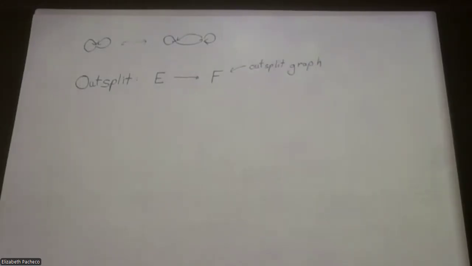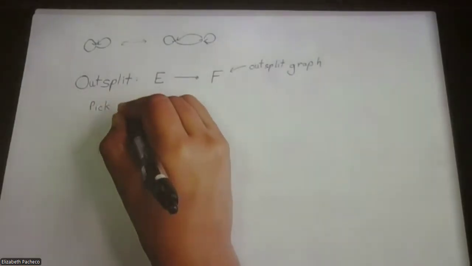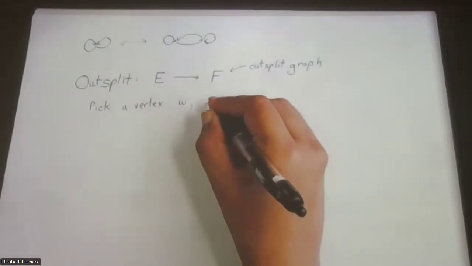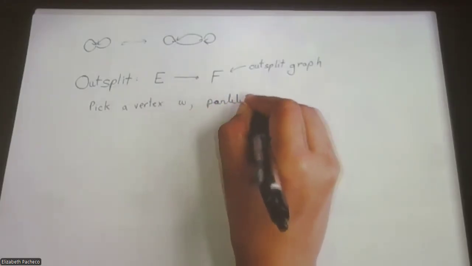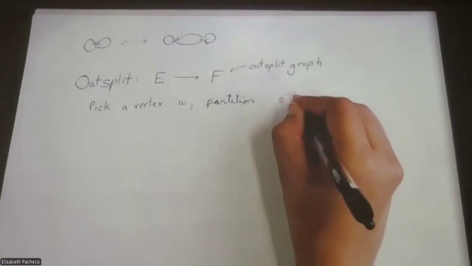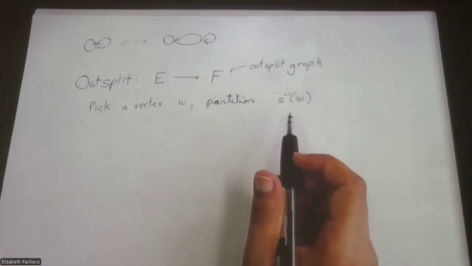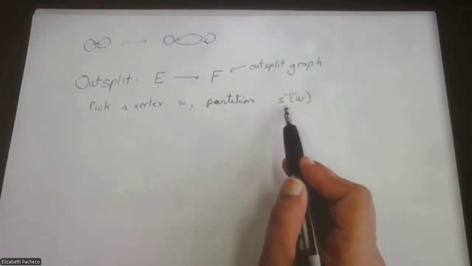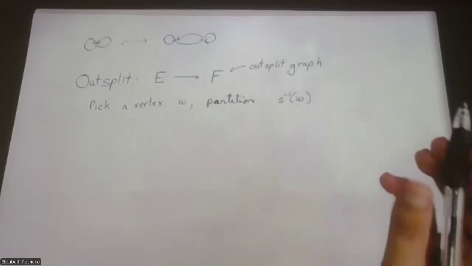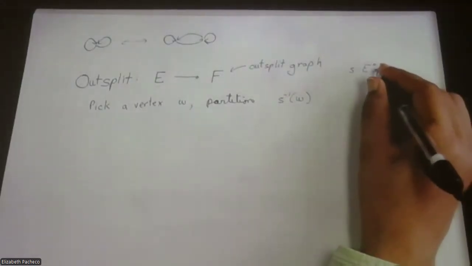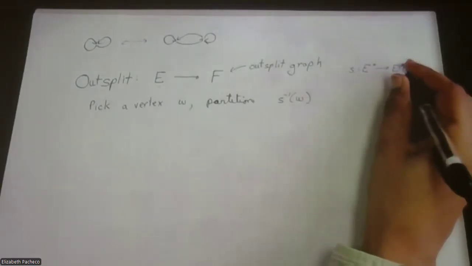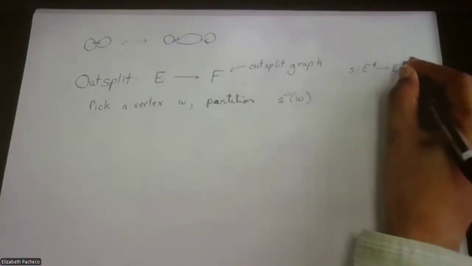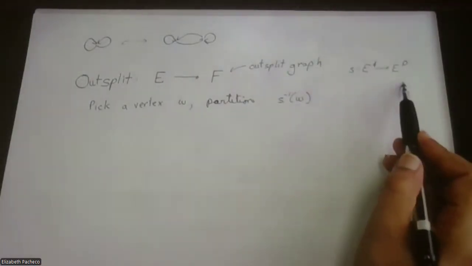Okay, how do you do outsplit? You pick a vertex, I'll go with W, and partition S inverse of W. So S goes from arrows to vertices, it tells you the source.